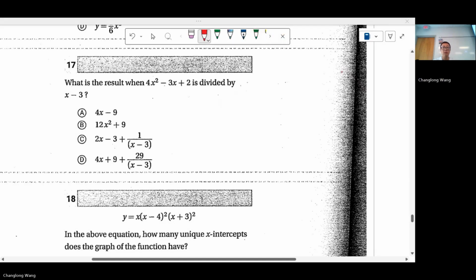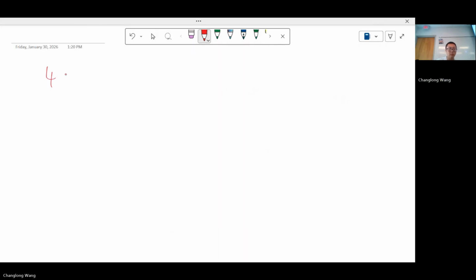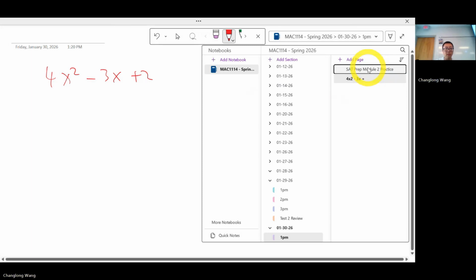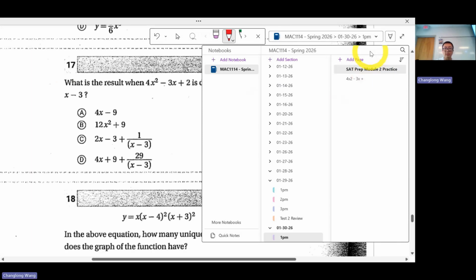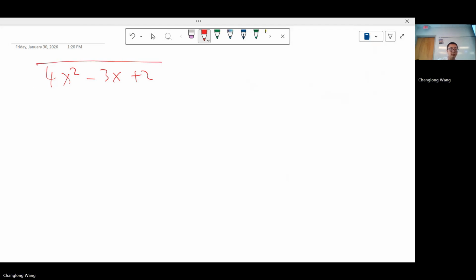Okay, 4x squared minus 3x plus 2, right? And I need to divide it by x minus 3.